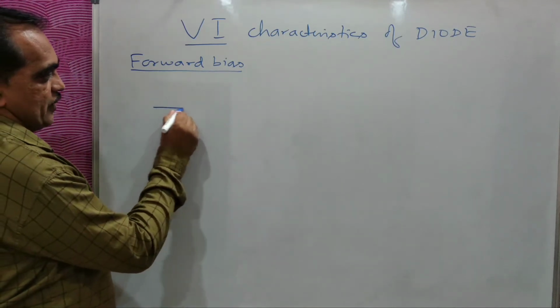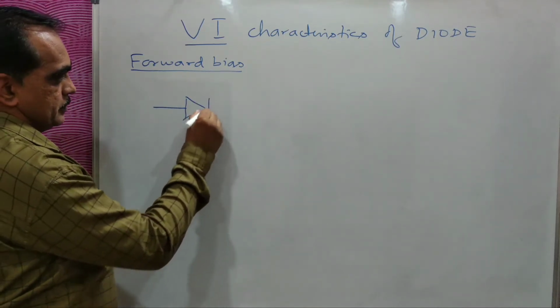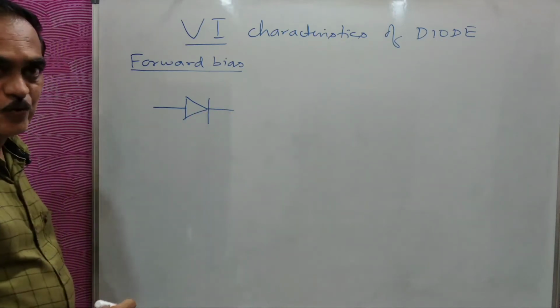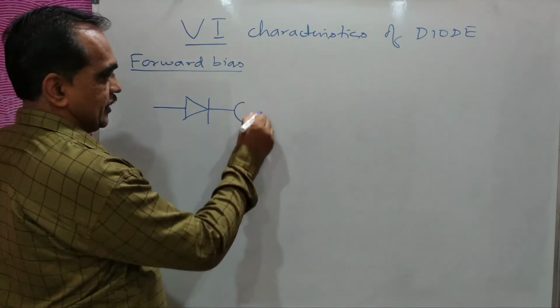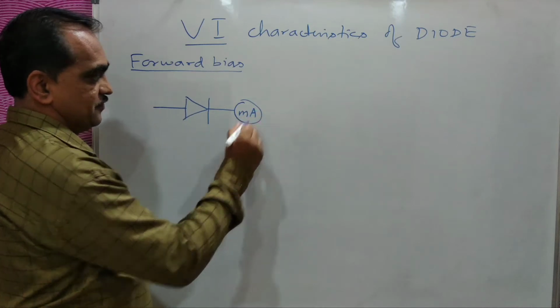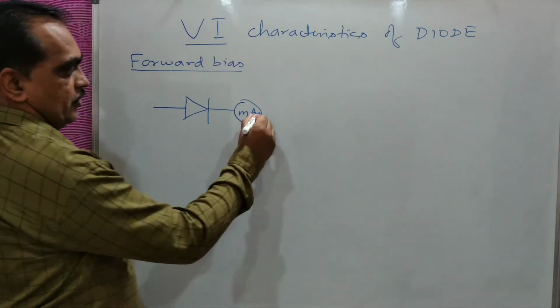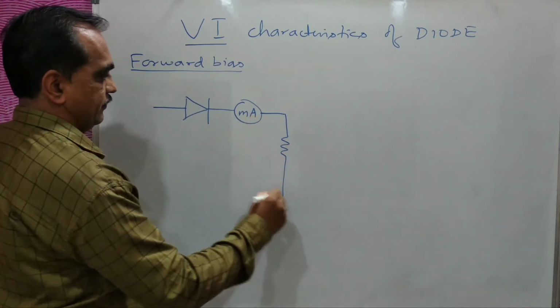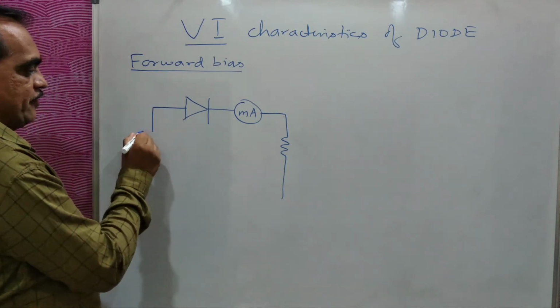You can have a diode, and you can have a milliammeter in series with a diode. You can have a resistance. You can have an applied voltage.